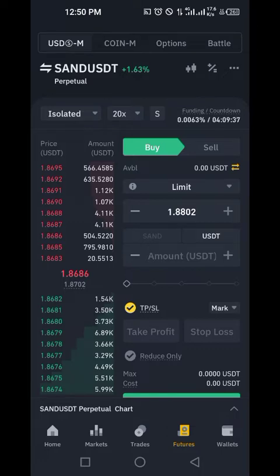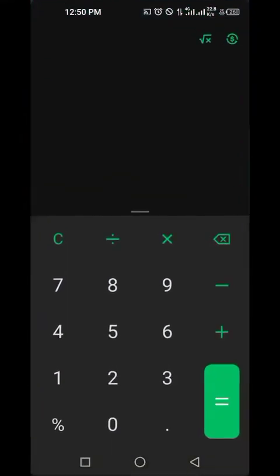So also on the spot market, when you have money on your Binance wallet, you have your USDT on your Binance wallet and you want to purchase a coin. For instance, you want to purchase Bitcoin. You have $30,000 on your spot wallet, and let's say for example one BTC is currently $30,000 and you want to buy for $30,000.